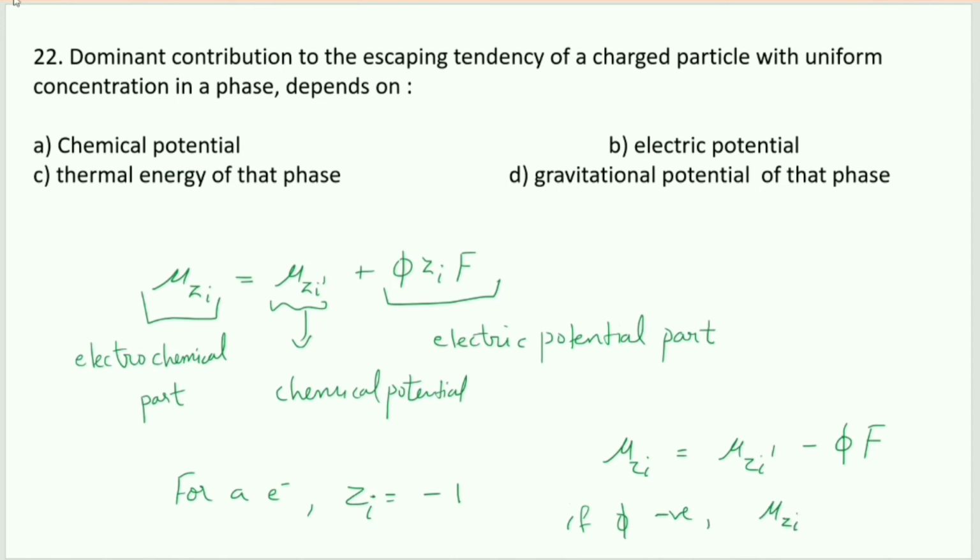Mu Zi will be greater than mu Zi dash. So the escaping tendency of the charged species will be more depending upon the electric potential part. So the correct option is B.